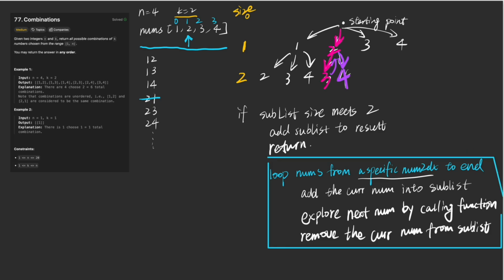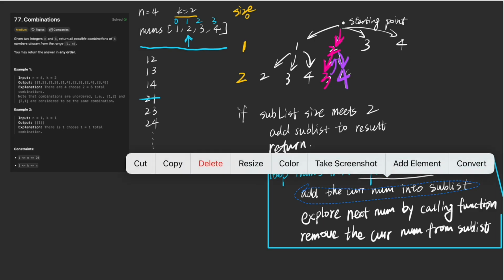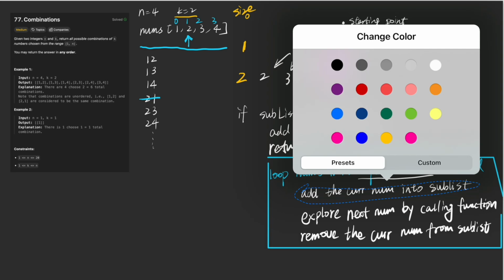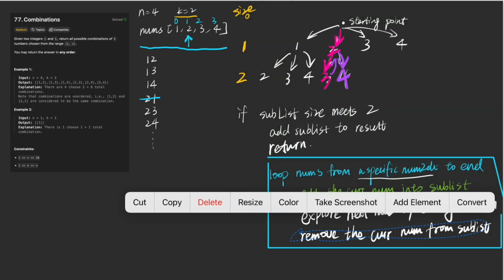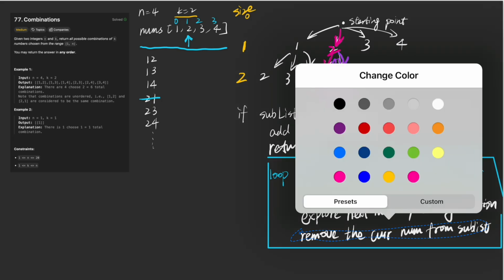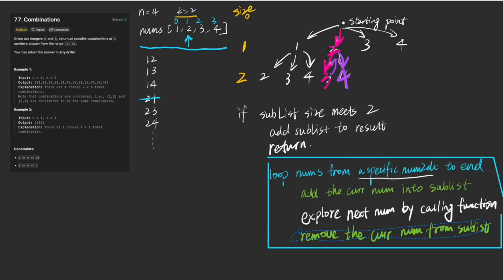And we also have to remember that we always try to do something, but then we also revert back. So then we can go back to the last level and start to explore the next possible candidates. This is for the loop in the numbers.